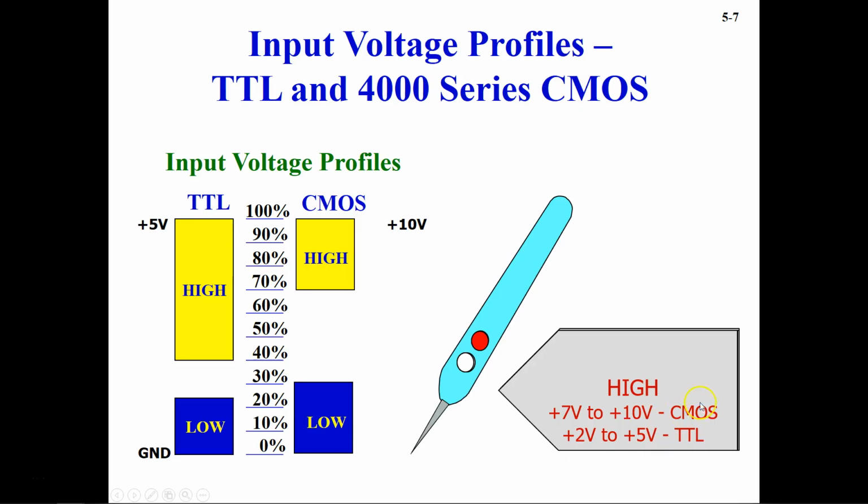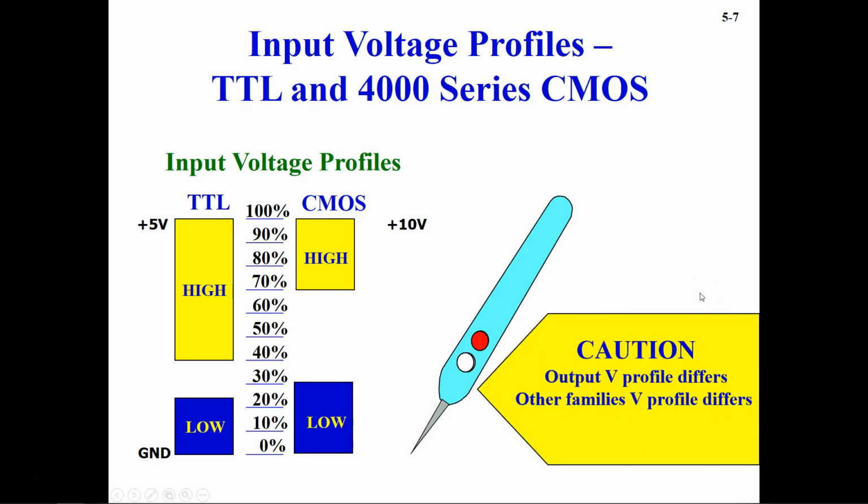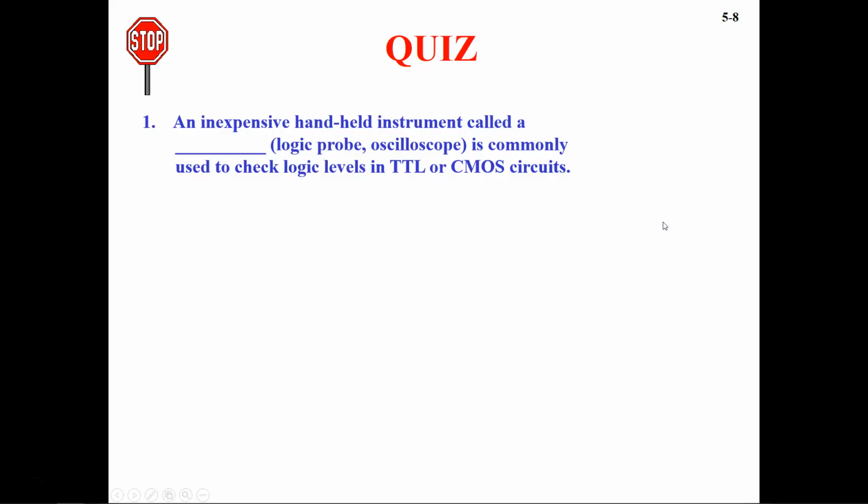So in CMOS you have a higher range, whereas the maximum range in the TTL is 5 volts. Here a caution: output voltage profile differs for other families. As I told you, CMOS and TTL have different output voltage profiles. It is just for 5 volts, and CMOS has for 10 volts, and there are many under these also which may vary in readings. Now let's do a quiz quickly.